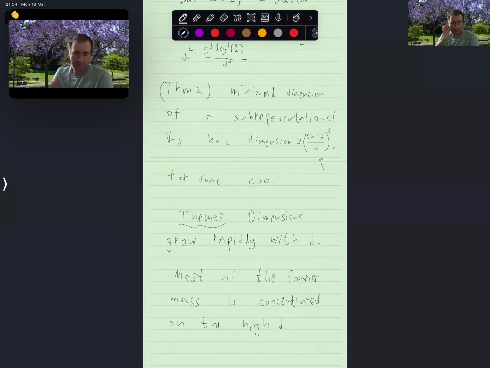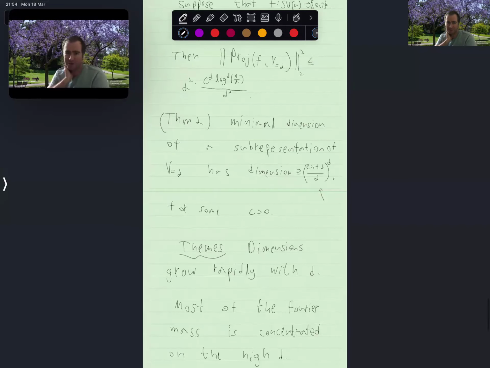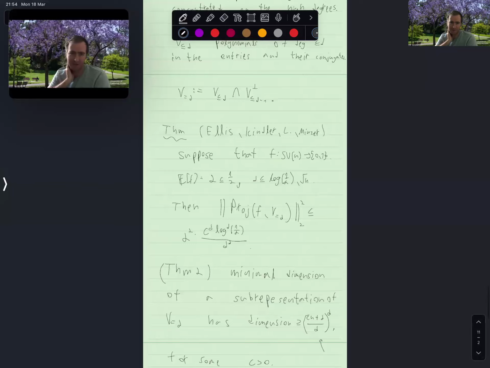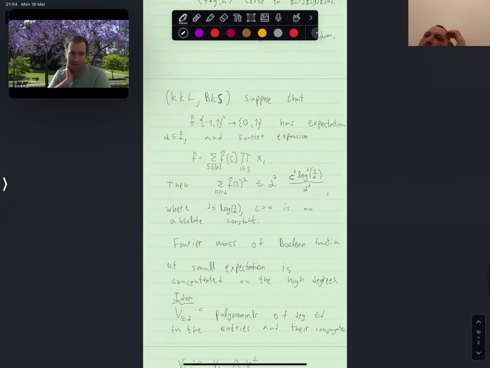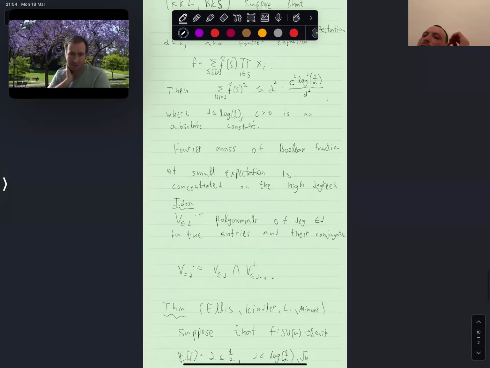Maybe I'll ask a couple of questions. This D-level inequality on the Boolean cube, do you know if it is sharp and what are the optimizers for it? So the level D inequality in the Boolean cube, it's basically sharp.